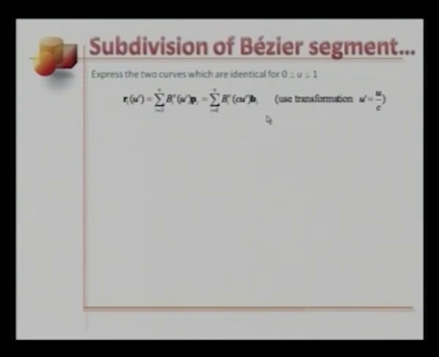Here we have used the transformation u prime equals u over c. What does that mean? When u is equal to 0, u prime is equal to 0. And when u is equal to c, which will be the case for the first subdivided Bezier segment, u prime will be 1.